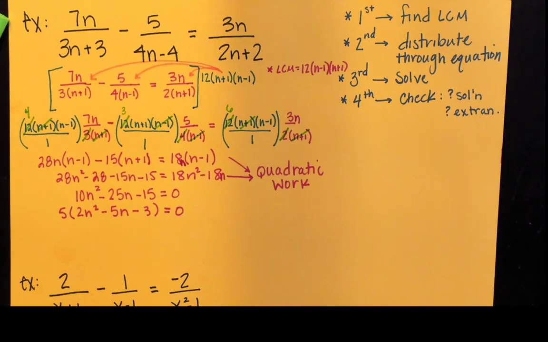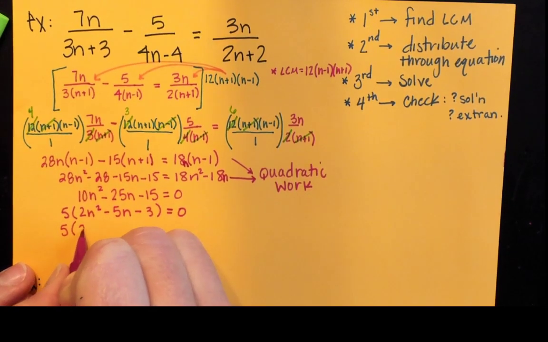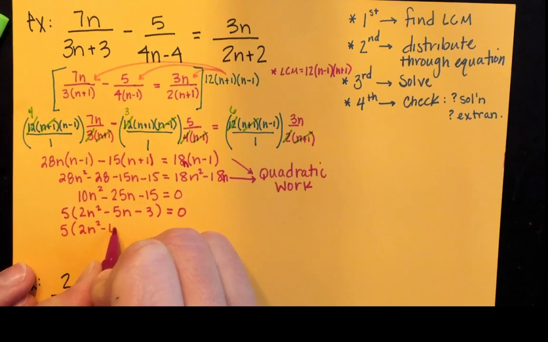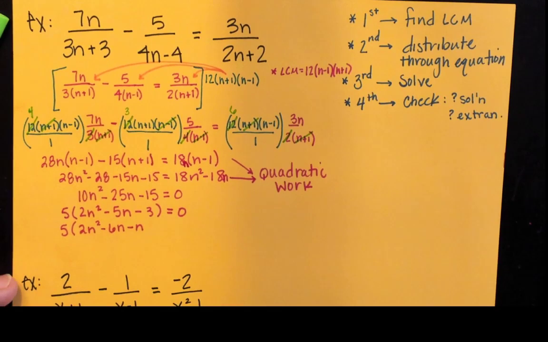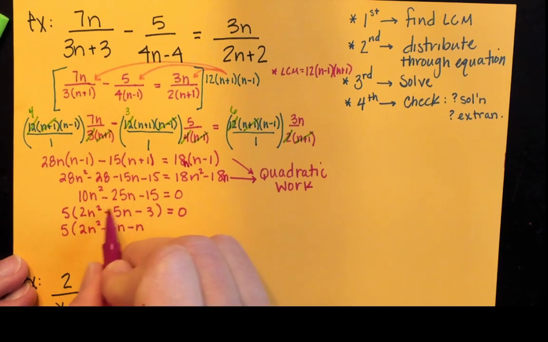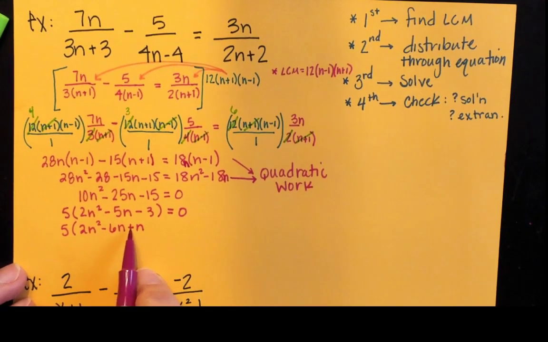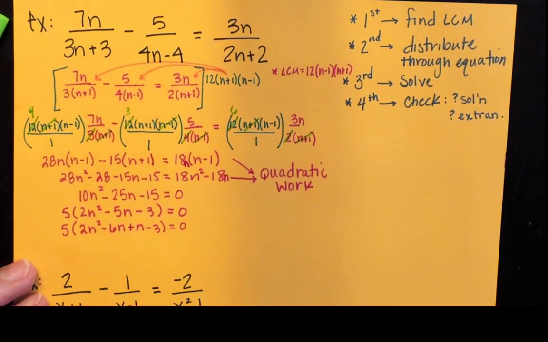I am going to factor by grouping. And I know that 2 times 3 is negative 6 using our AC method. And if I have a negative 6 and I want it to go to negative 5, that's going to be a minus 6 plus 1. Makes it a little bit easier.